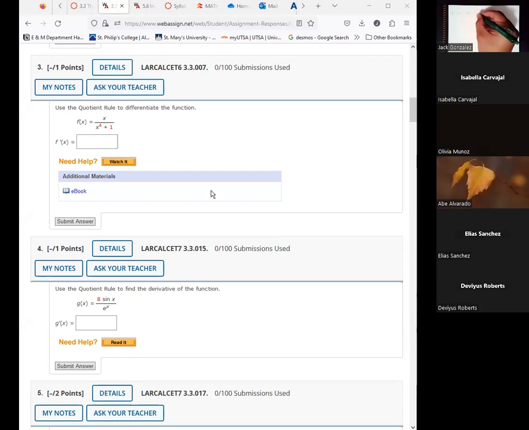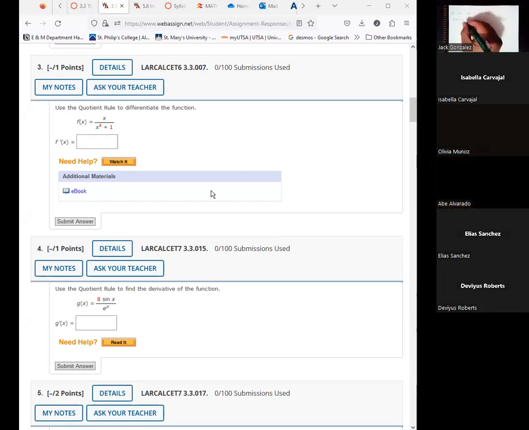You use the quotient rule on this guy. I'm going to rename it y just because I want to, so I can better fit the formula. Doesn't matter though.